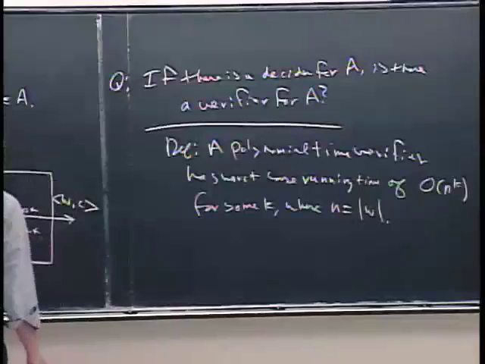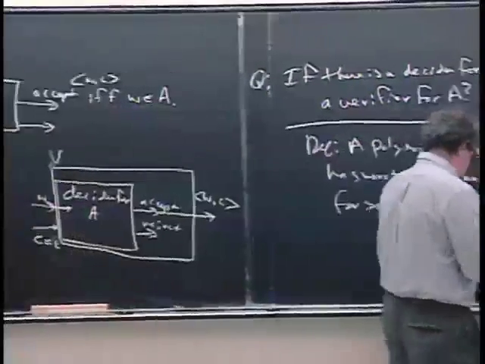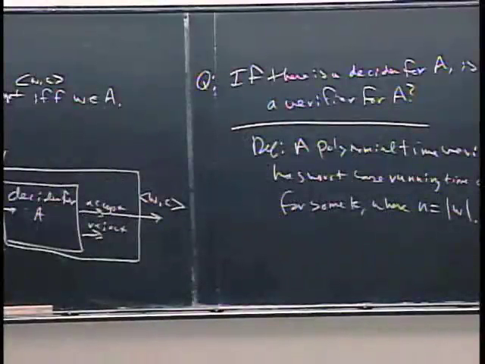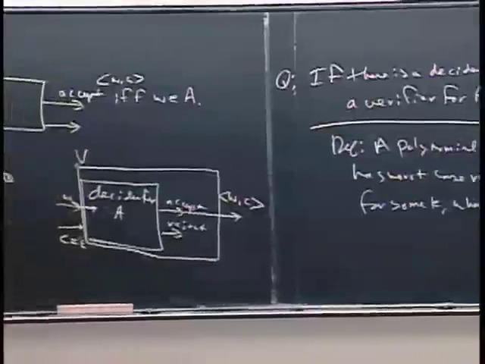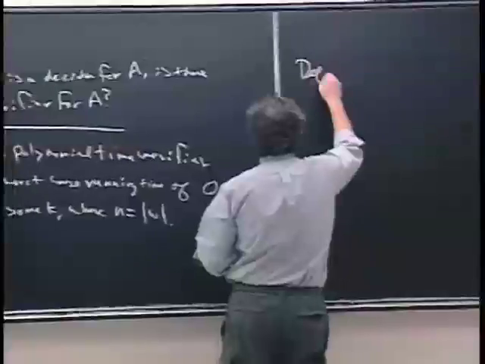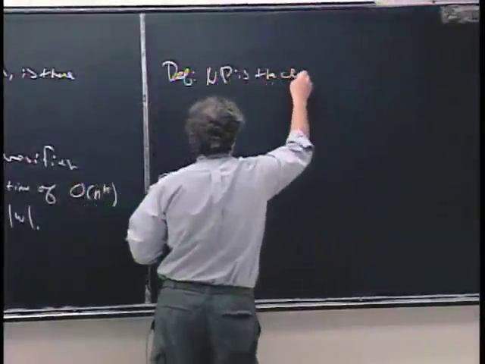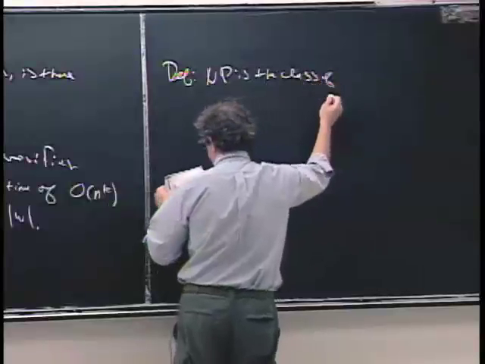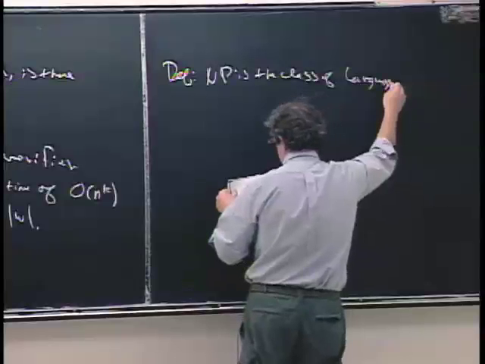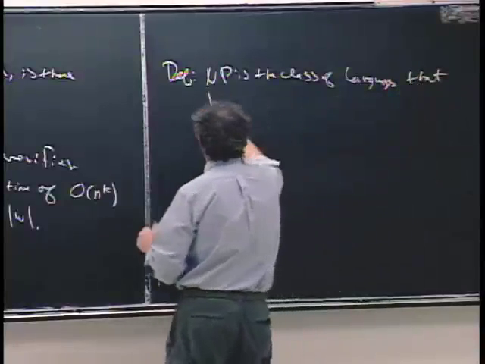So then we have this definition: NP is the class of languages that have polynomial time verifiers.